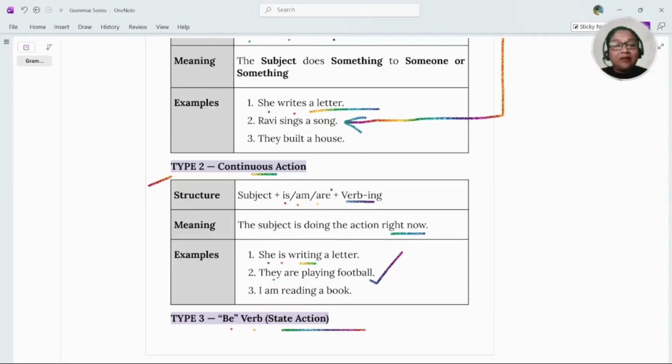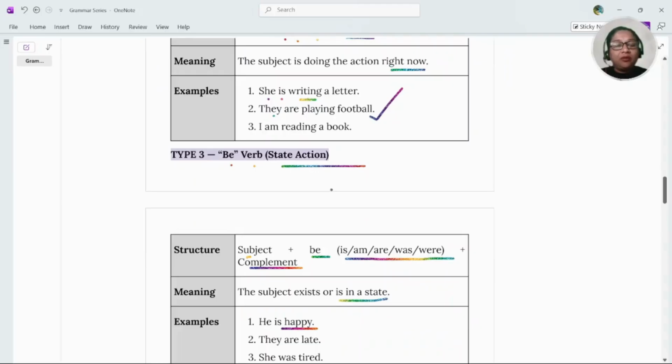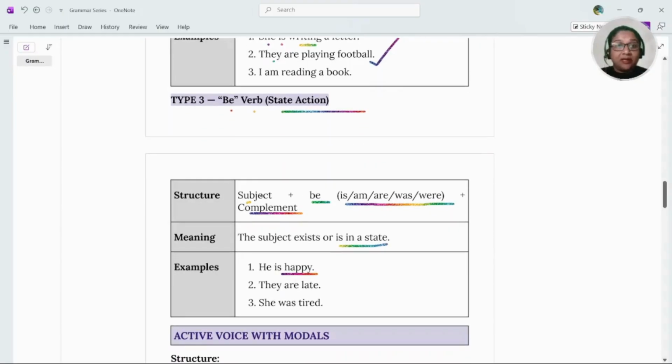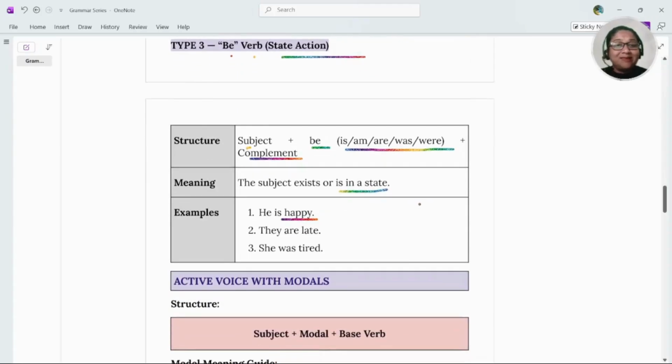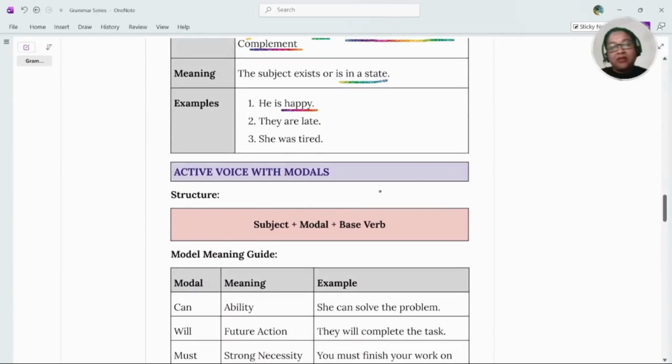Then the third type is the be verb or the stative form wherein you're looking at a person being in a certain state. But what is the structure? Subject, be, in the sense these auxiliary verbs is, am, are, were, or was, and then your complement, in the sense the state in which the person is. Okay, so that is something that we really need to understand.